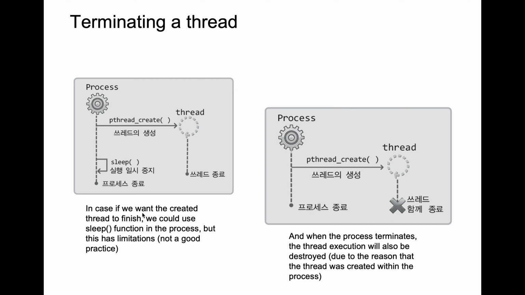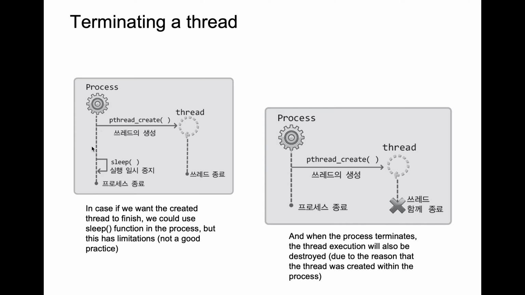In case we want the created thread to finish, we could use the sleep function in the process, but this has limitations and is not a good practice. It's not a good idea to make the process just sleep for some time and then expect that the thread has terminated, because depending on the operating system, the thread might be running much slower than the process itself, than the main thread itself. And that thread might be executing, downloading, for example, 20 megabytes of data slower than the main process downloading 1 gigabyte of data.